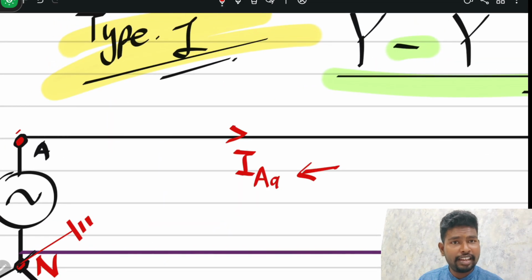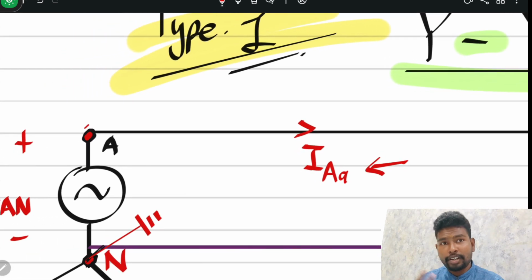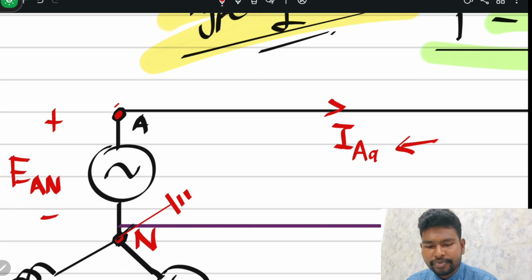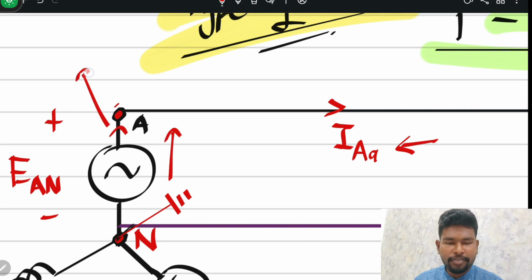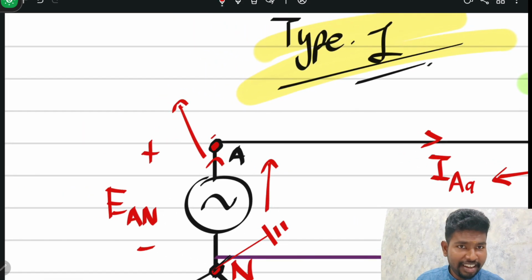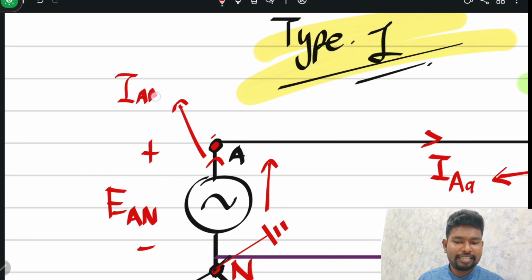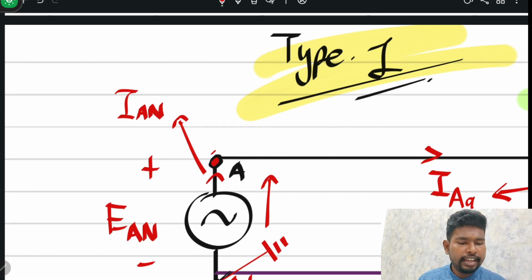So now let's look at what IAA means. Before we go into IAA, let's look at IAN first. If there is a potential difference, for sure there is current, right? So the current flowing through this part here is known as, of course, if it is EAN, then the current becomes IAN. That's it, simple. How about the IAA here?